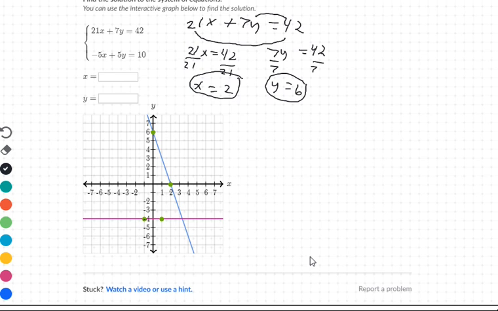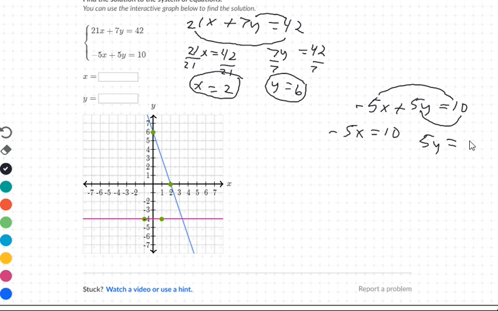Now we want to take a look at the second line. Our second line is -5x plus 5y is equal to 10. So we're going to say -5x is equal to 10. Then we're going to say 5y is equal to 10.